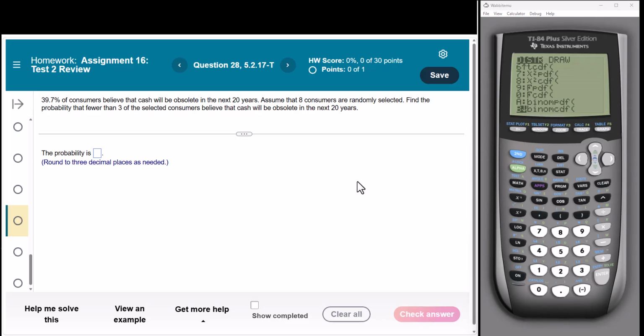Because we will need to use more than one x value added together, the calculator does that for us. We have an x value of 0, an x value of 1, and an x value of 2. And when we get the probability for each one, they all get added together if we use the BinomCDF.